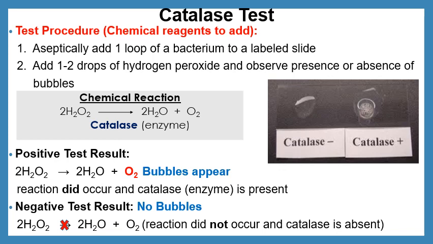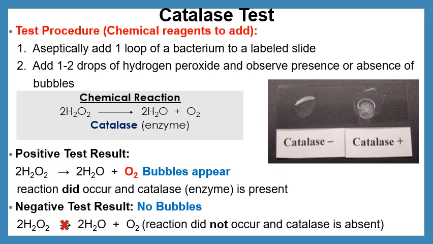Then aseptically, using your loop, you would add a small amount of bacteria to the correctly labeled portion of the microscope slide. Next, add 1 to 2 drops of hydrogen peroxide to each bacteria and view immediately for the presence or absence of bubbles.